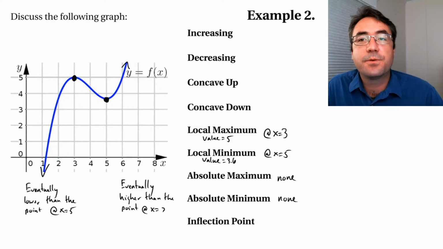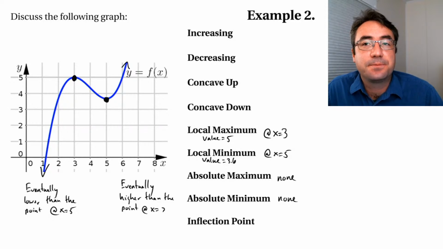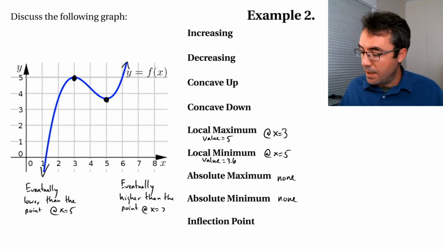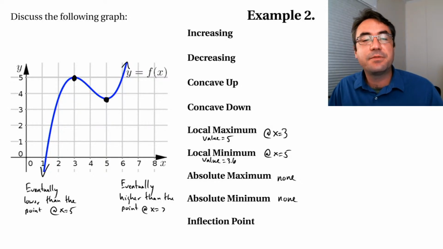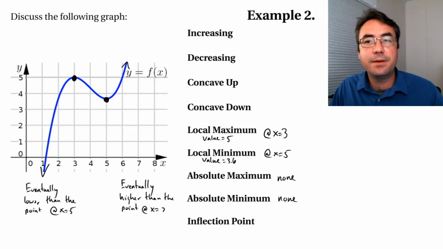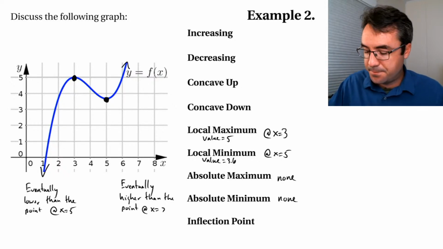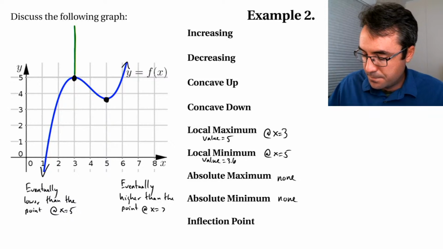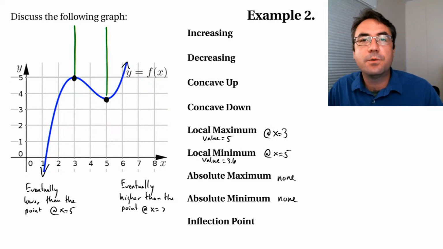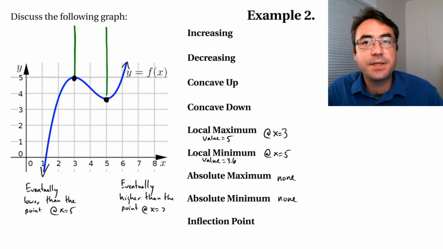All right, let's look for the intervals of increase and decrease. When we identified our local max and local min, those points really split up the behavior of our graph.